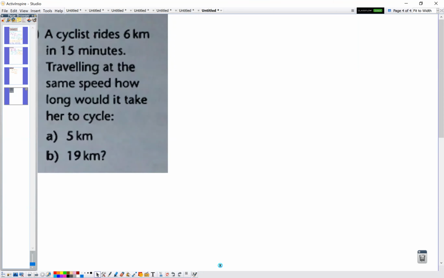So the way we work this out, you can say 15 minutes is 6 kilometers. 15 minutes is equal to 6 kilometers. This is 6 kilometers for this one.